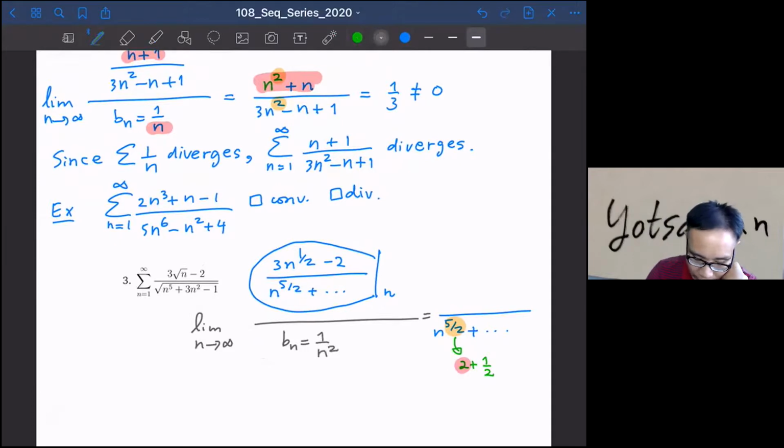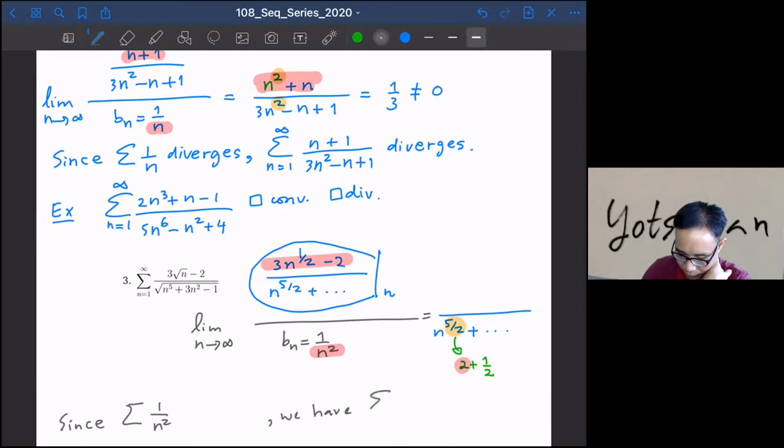And this will allow you to combine the red term with the red term. So you have this one, and you're going to finish this one, and you're going to see a series 1/n squared. So we have the series 3 root n minus 2 over the square root n to the 5th plus 3n squared minus 1.